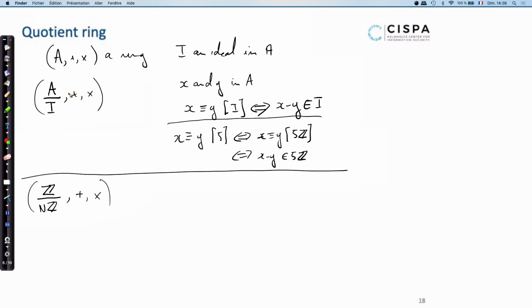And this ring gives some interesting examples. So let's take the ring Z over 21Z. This is going to be a ring, but in that ring we are going to have some bizarre equations that occur. In this ring, if we take 3 times 7, you all know that this is 21, so this is going to be congruent to 0 modulo n.